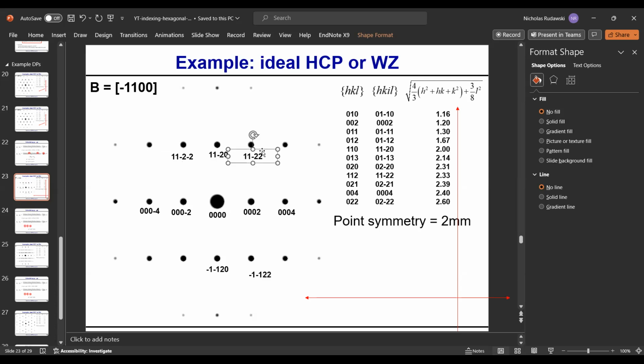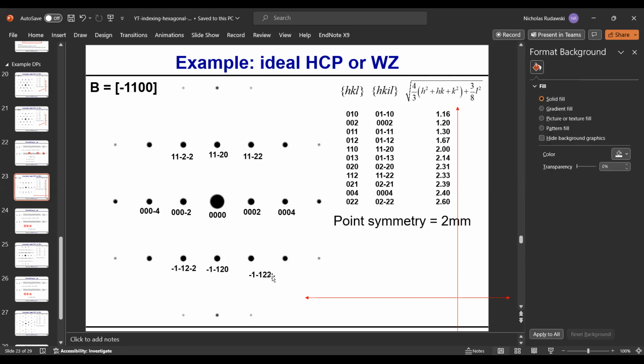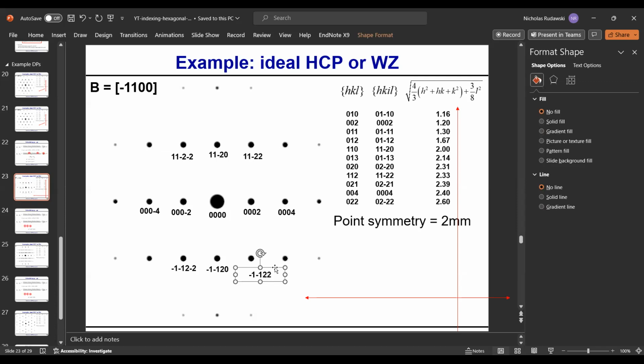And then let's do one more right here, and we get 1 bar 2 2 bar.